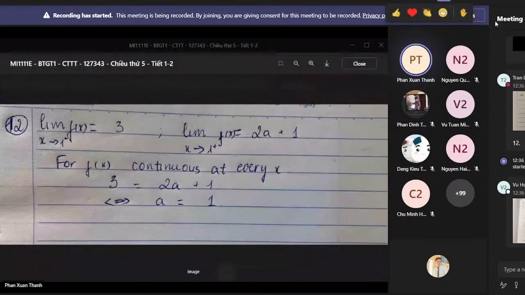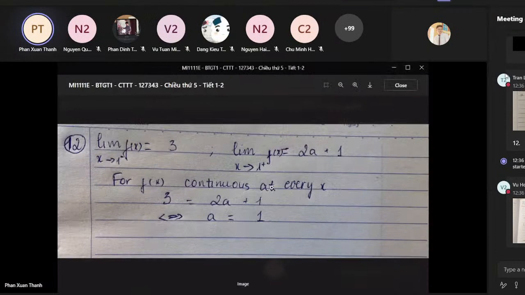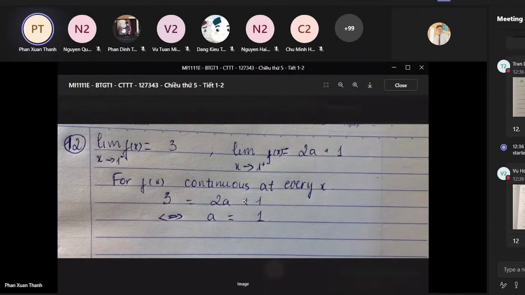The right-hand limit, and f is continuous at every x if a equals 1. I think this is not enough. It's not a correct solution. You have to talk about the continuity of f when x is not 1. Here he focused only on x equal to 1.